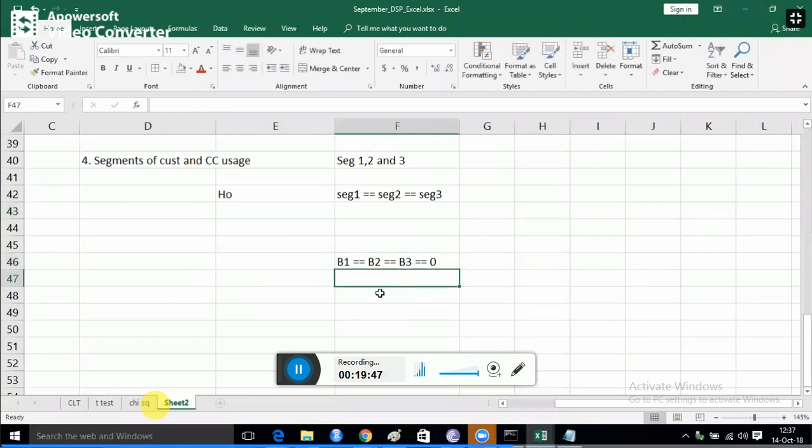Or for example, beta 1, beta 2, beta 3, all not equal to 0. This is also one variation of the F-test. Like beta 1 not equal to beta 2. Yeah, this is also a variation of the F-test, right? There are more than 3 groups that we are looking at. More than 3 samples that we are looking at, right? This is also an F-test.